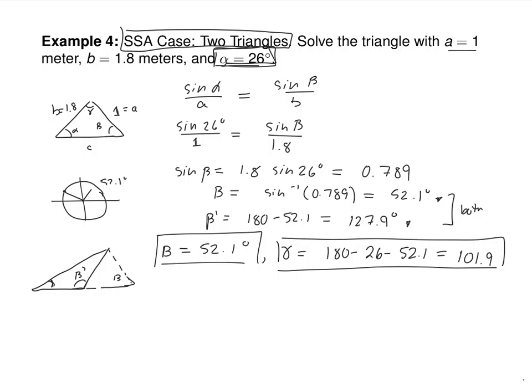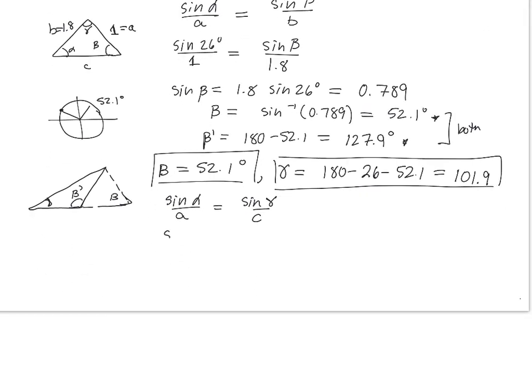In that case, what's the only thing we have left to find? c. So we have sine of alpha over a equals sine of gamma over c. So that's sine of 26 over 1 equals sine of 101.9 over c.